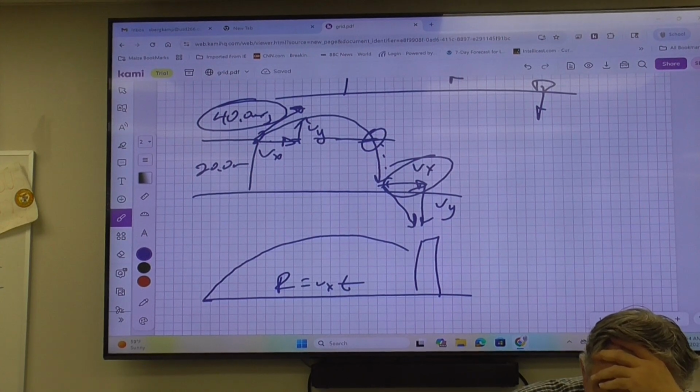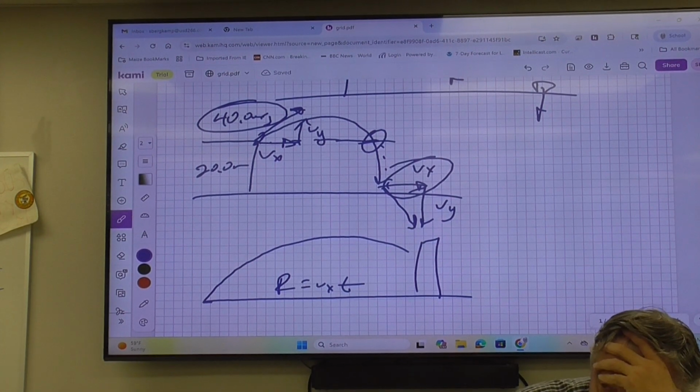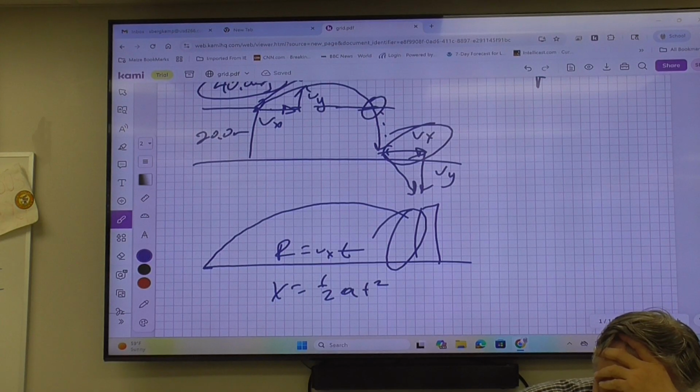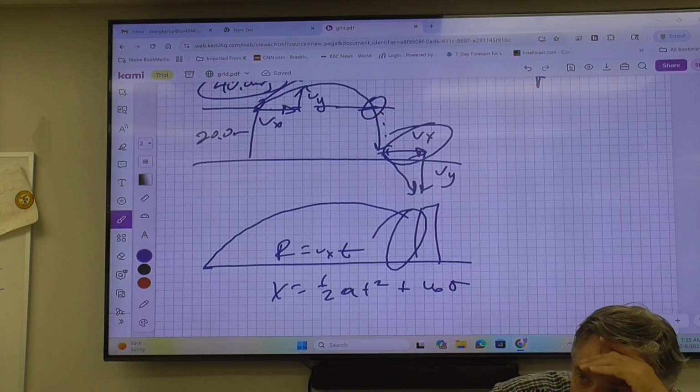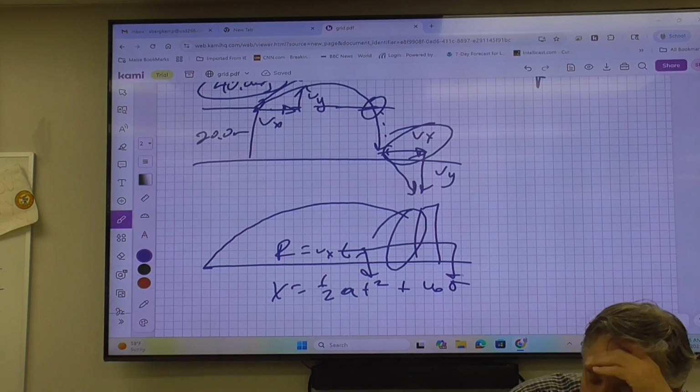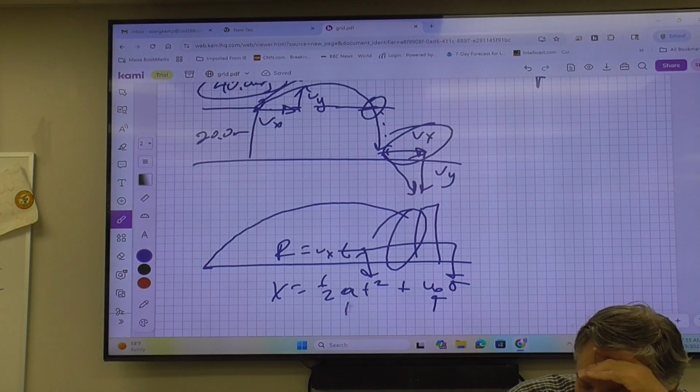Okay, 4.4 seconds, that's how long it takes to get there. Then if you want to find the height of that point, use 1/2 AT squared plus V naught time. Take the time that you just found and put that in here. You know your initial velocity and you know A is negative 9.8 meters per second squared.